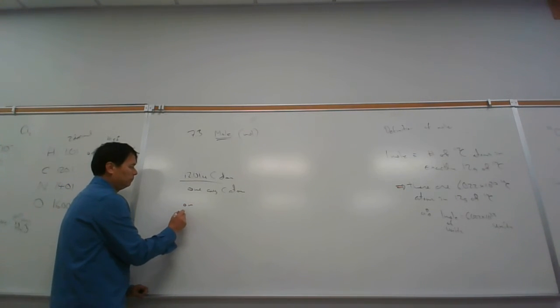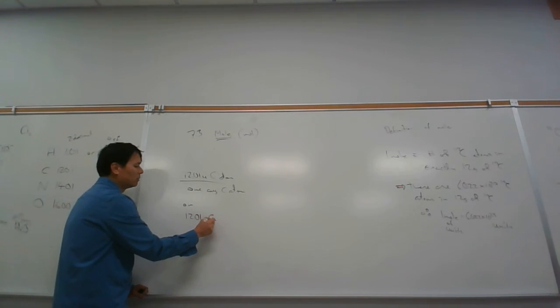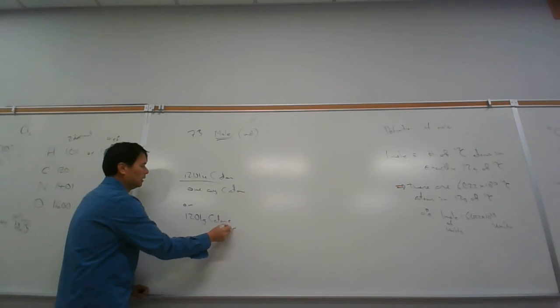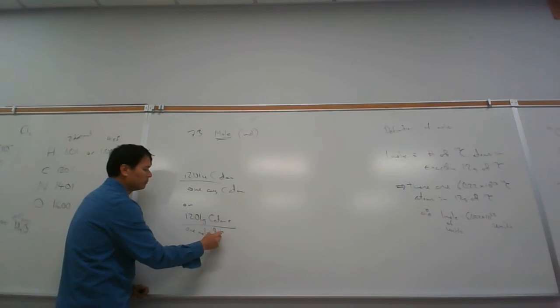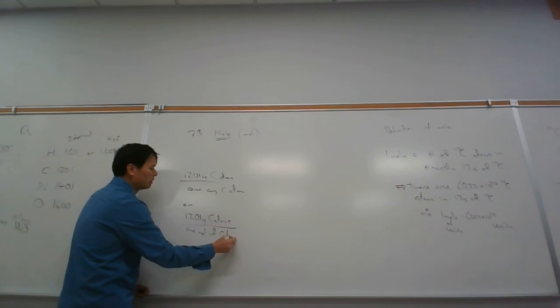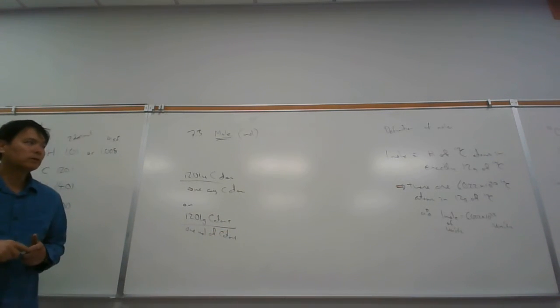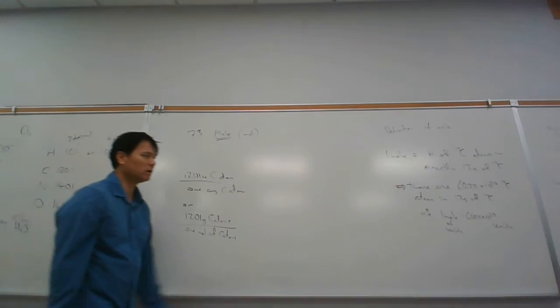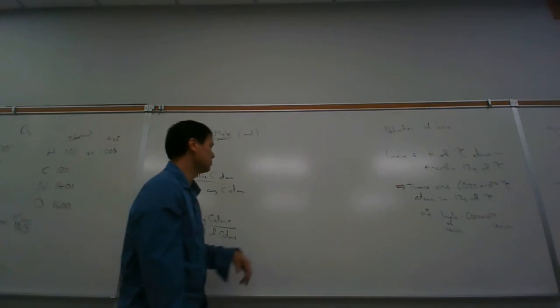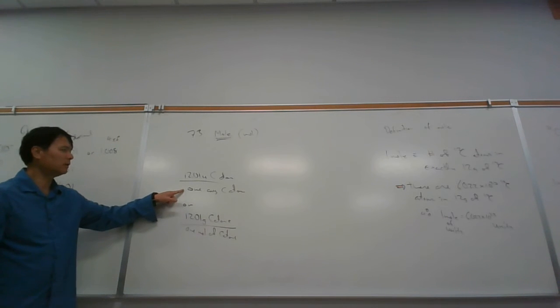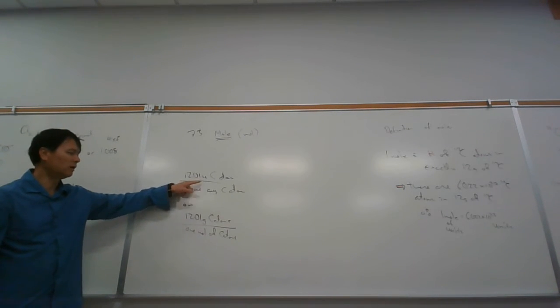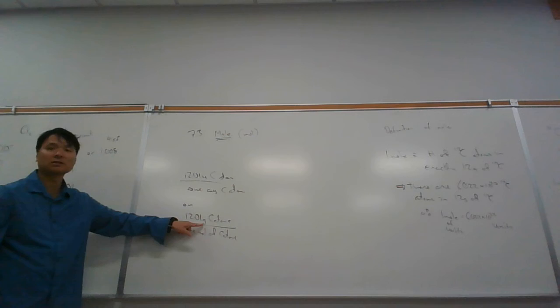Or, if I had a mole of them, it would weigh 12.01 grams of carbon atoms in 1 mole of carbon atoms. So, the reason why this definition has such a weird number is so that the two numerical parts of this are the same. So if I had a single carbon, it'd be this in U. If I had a mole, it'd be the same number except in grams.